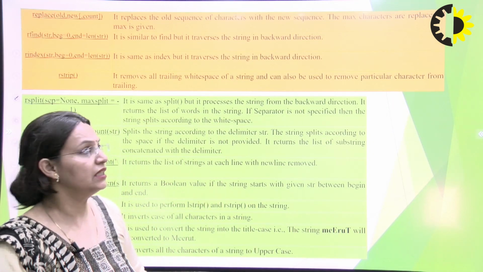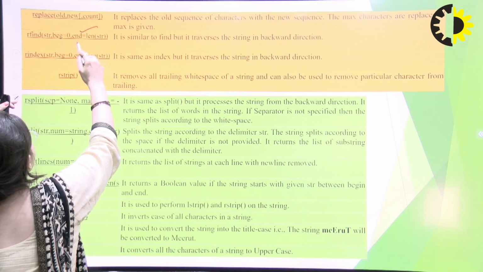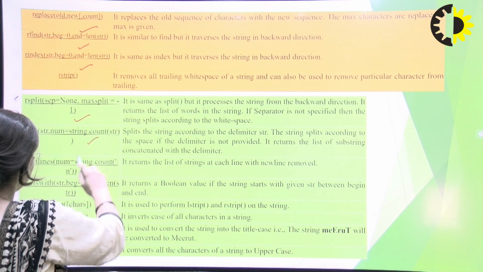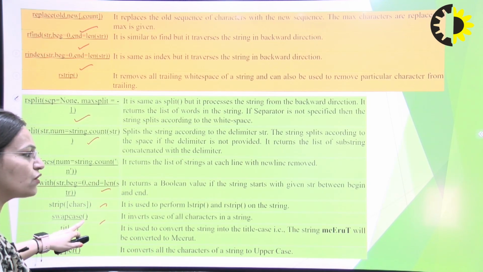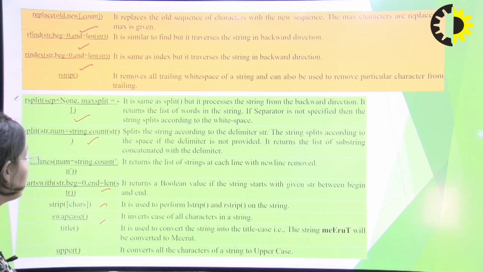So these are the other values that we have discussed. That means replace we have discussed, rfind we have discussed, index we have discussed, rsplit and split we have discussed. Swap case is basically changing the cases of the string. Title we have discussed, upper we have discussed.